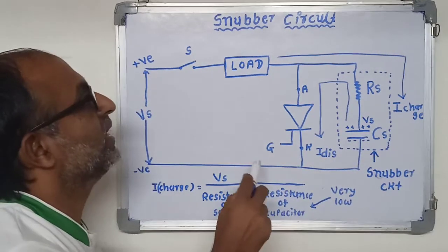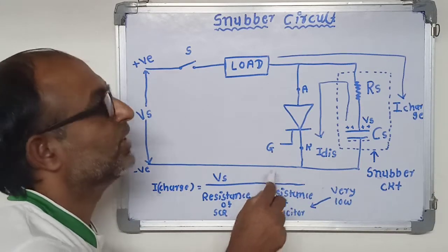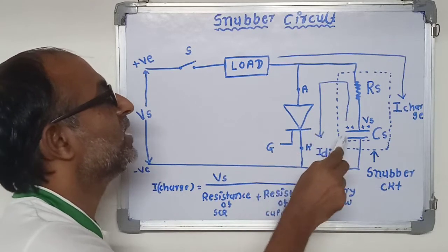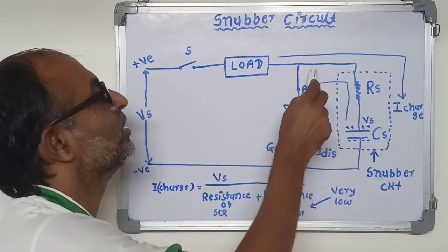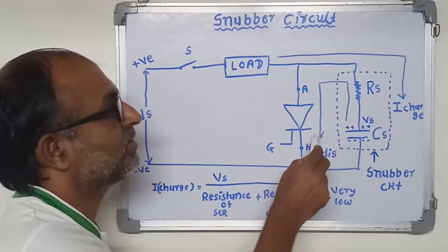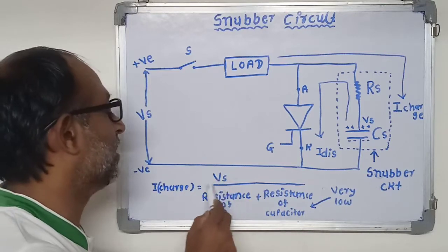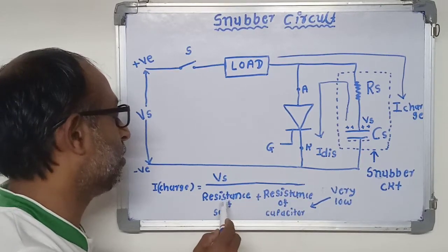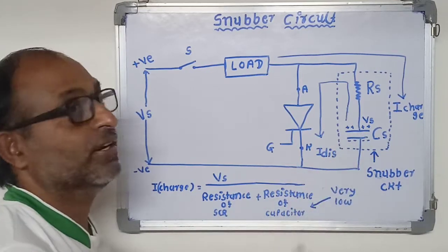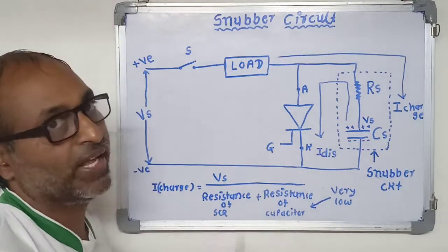When the SCR is turned on by applying a gate pulse, the capacitor discharges through the SCR. By Ohm's law, the discharge current is Vs divided by the resistance of the SCR plus the resistance of the capacitor, and this resistance is very low.